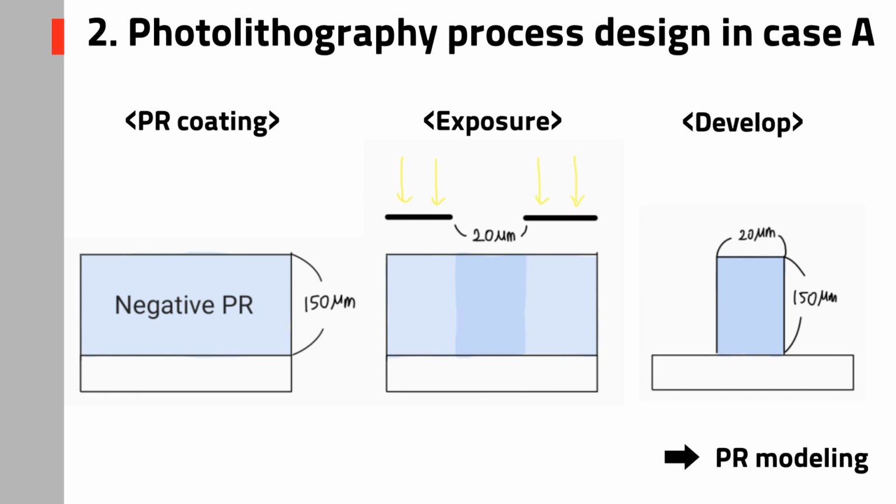Ultimately, after preserving the exposed area and completing the development process, a photolithography with a high aspect ratio featuring a 150 micrometer height and a 20 micrometer line width is successfully achieved.